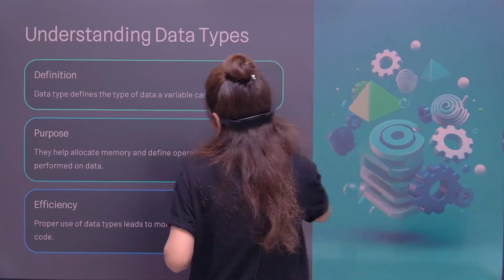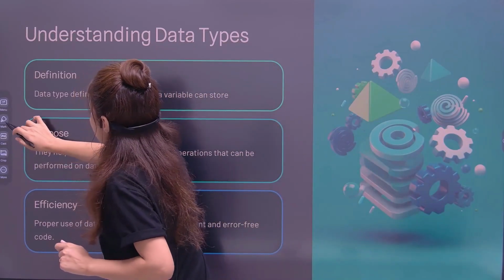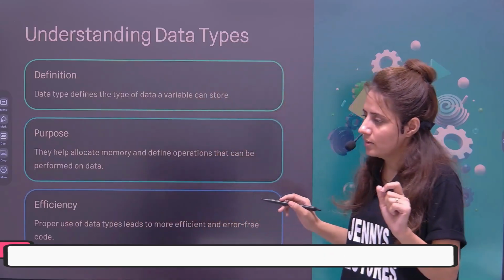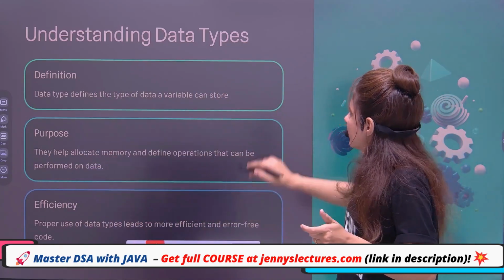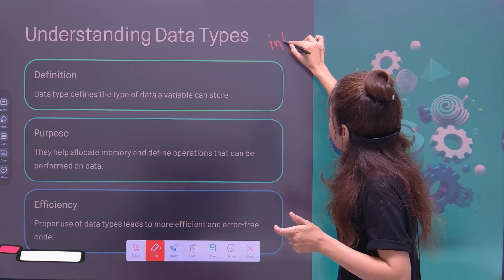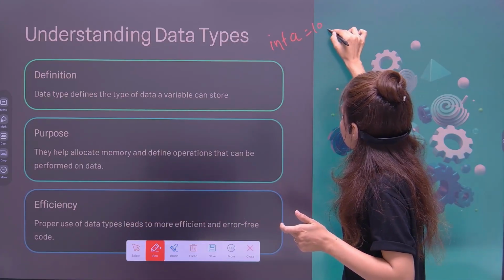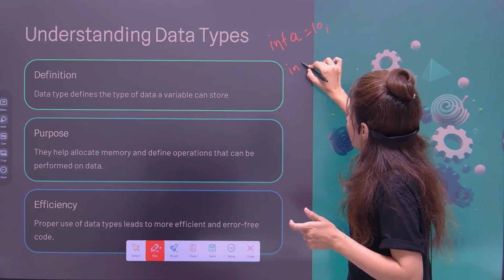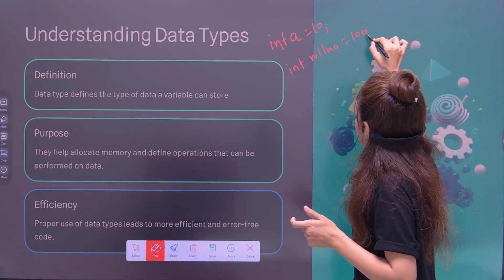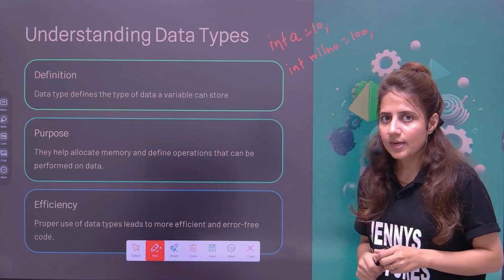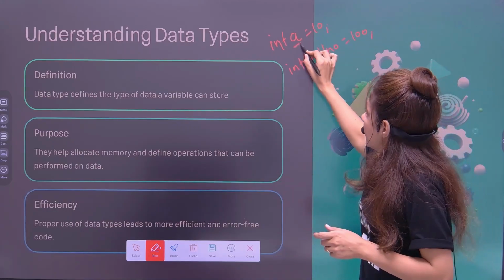See, in the previous video, when we were talking about variables, we wrote something like this: int a is equal to some value, or int rollNumber is equal to, suppose, 100. So this was a variable.